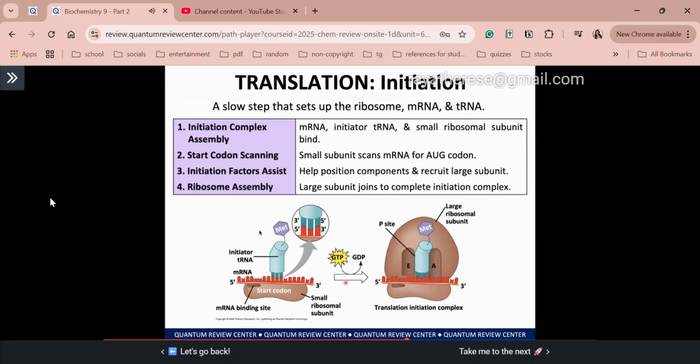Of course, that's the responsibility of your IFs, your initiation factors. Okay, and last, of course, this is your initiation complex assembly where the large subunit of your ribosome will join your existing small subunit.